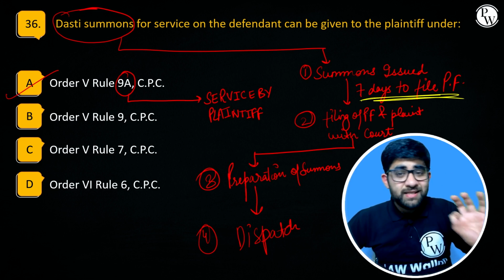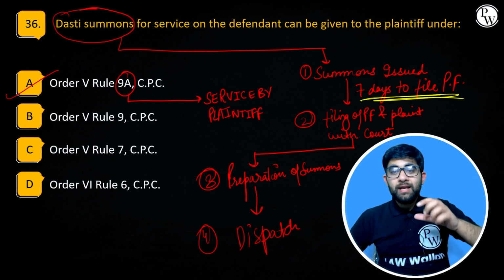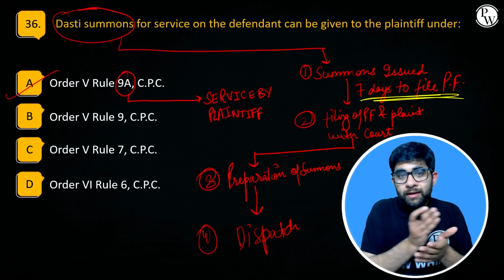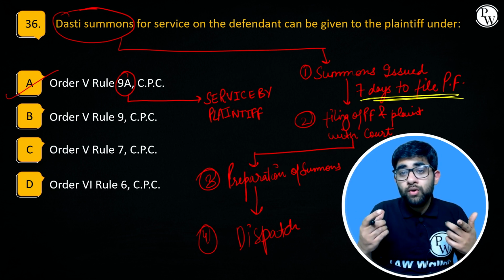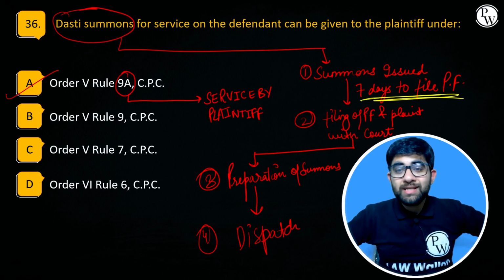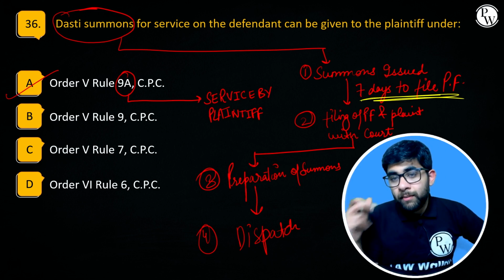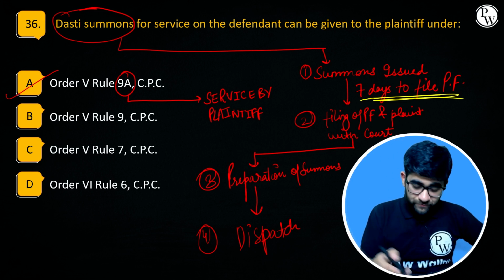So, thus the dasti summons are for when there is urgency of something, or the plaintiff says, I want to go with the court's person to see what is happening at the given address. So the dasti summons is summons of emergency or urgency.